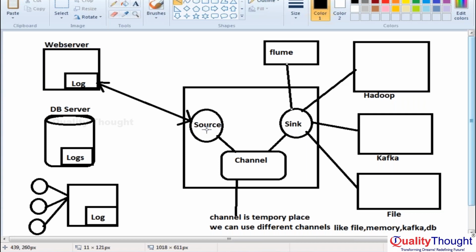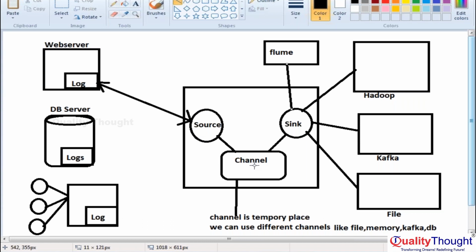Instead of writing directly into the destination location, because the Hadoop cluster is in a different location, while writing from the sink to the destination, some network issue may occur and data may not be completely written. We cannot recover that, right? That's why whatever data we capture, we maintain in the channel. Some data is very important, so we want to maintain the data for a long time.